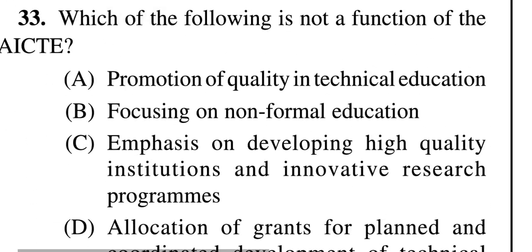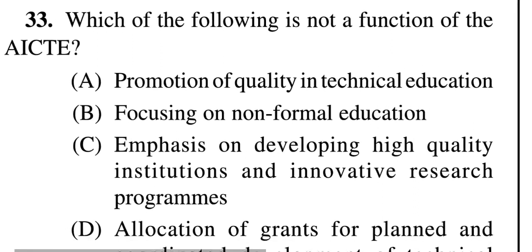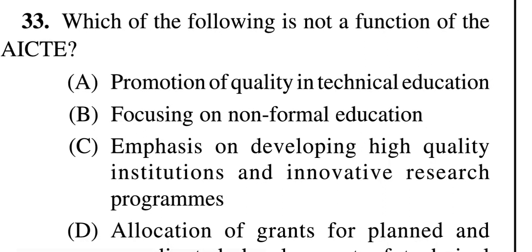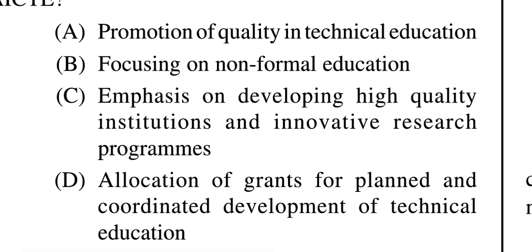Number 33, it says, which of the following is not a function of AICTE? If you don't know what is AICTE, you have to know, so go through it. Promotion of quality in technical education, focusing on non-formal education, emphasis on developing high-quality institutions and innovative research programs. Number D, allocation of grants for planned and coordinated development of technical education.